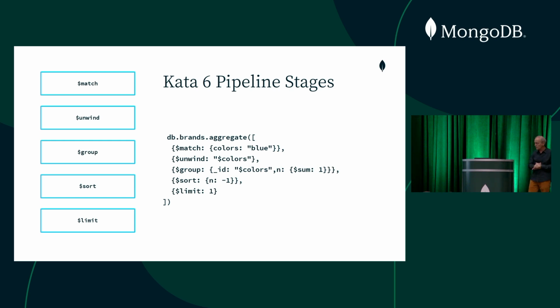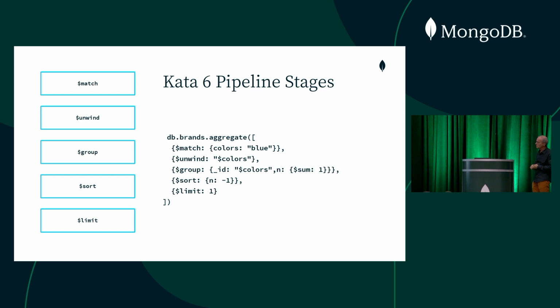So in our example here, we see that we start with a match, very typical. Then we are using an unwind. So I know that my document maybe had a nest in it. I'm unwinding colors. Then I'm doing group, then sort, then limit.